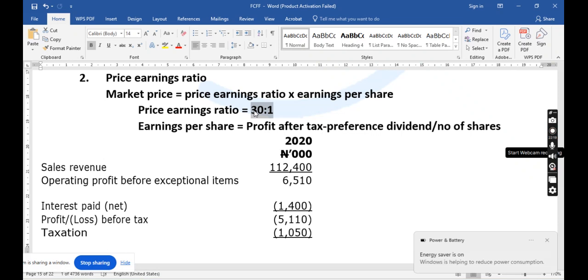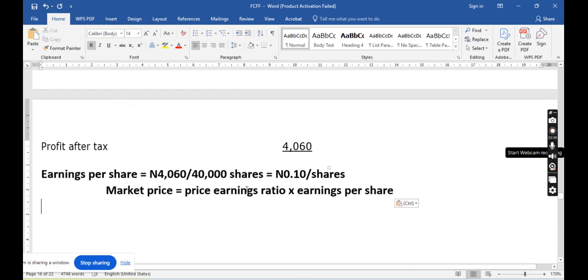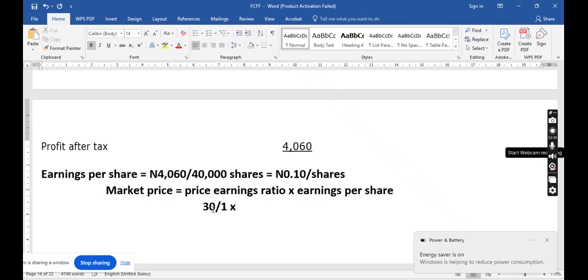Now, the market price is equal to the PE ratio, which is 30 divided by 1, times earnings per share.